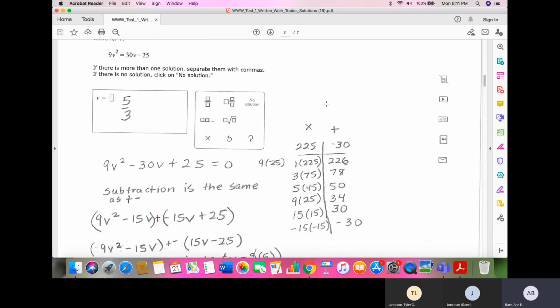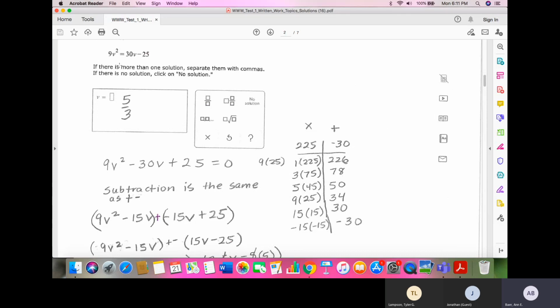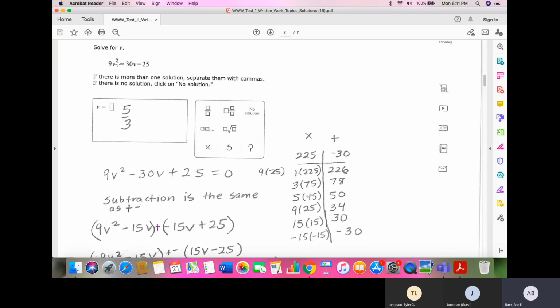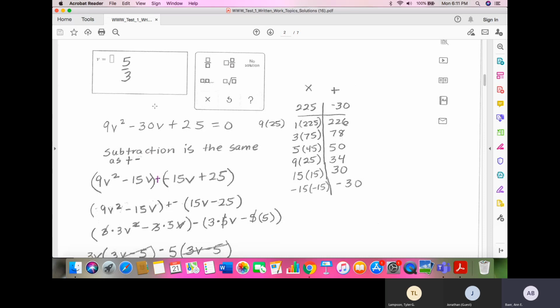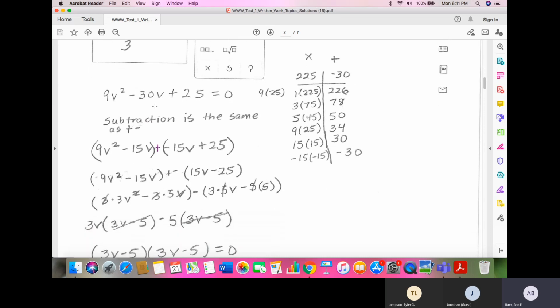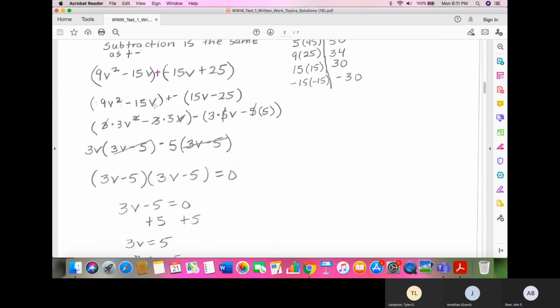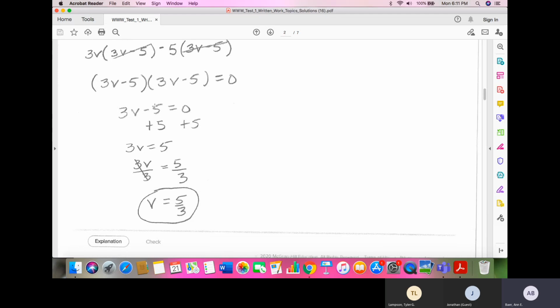Now, there's this problem right here. 9v squared, we want to solve this, solve for v. 9v squared on the left side equals 3v minus 25 on this side. Now you can go through and solve it by factoring if you want, like this. It's a pretty laborious process.